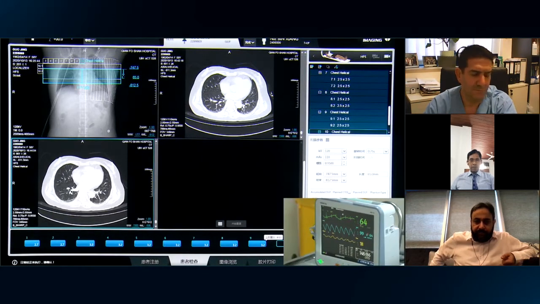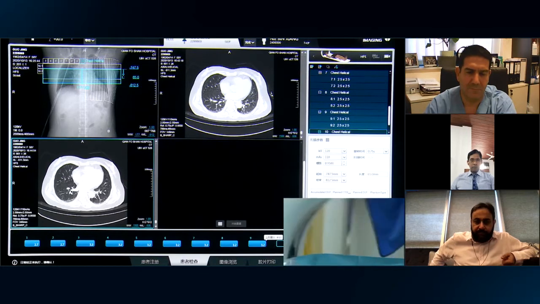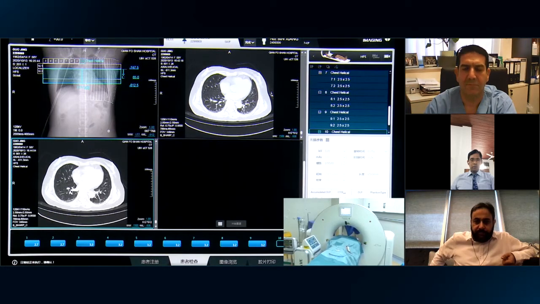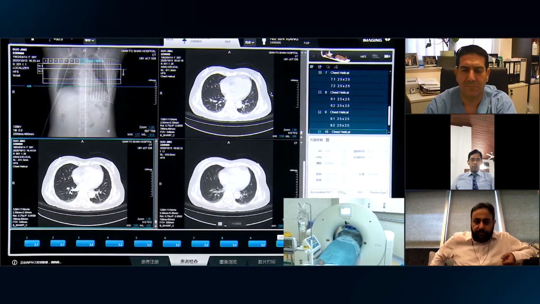Yeah, this is necessary for lung ablation. The operation is nearly completed.